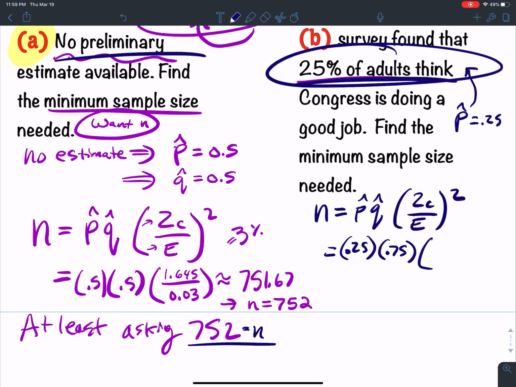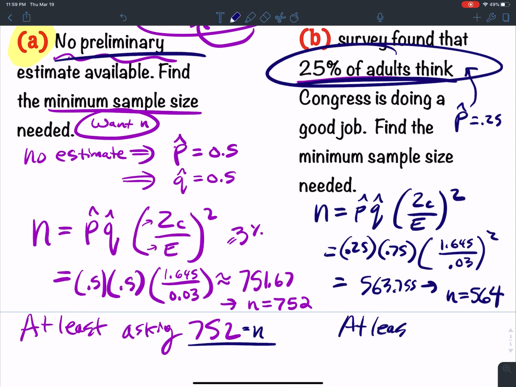And I still have the same z_c, which is 1.645, over the error, 0.03, all squared. Type it in your calculator. What do you get? You get 563.755. Rounds up to n equals 564. At least 564 need to be asked.